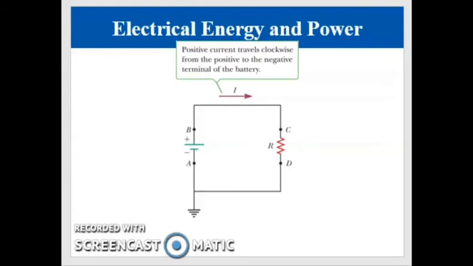Let's take a look at the energy transfer in a simple circuit consisting of a battery and a resistor. The chemical energy stored in the battery is transformed into kinetic energy of the charge carriers. This kinetic energy is quickly lost as a result of collisions between the charge carriers and fixed atoms in the conductor, which causes the temperature of the conductor to increase.